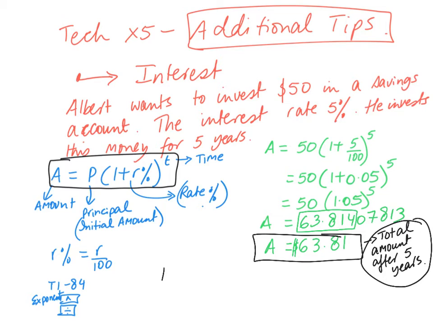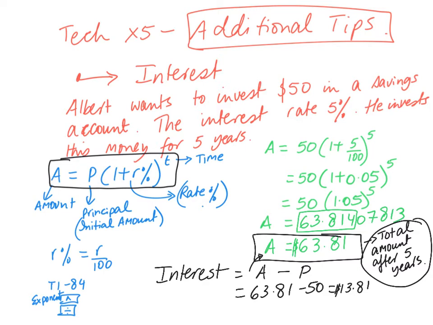But if they ask, hey, what's the interest that you gained or the profit, you'll take your initial amount and subtract it from this value. So we got A right here, and we know P is 50. So we'll do 63.81 minus 50. So our interest will be $13.81.